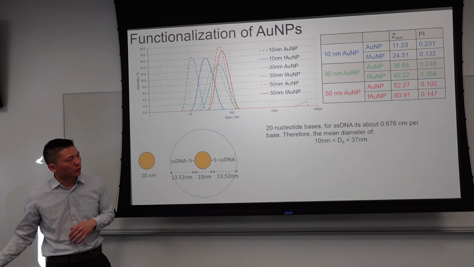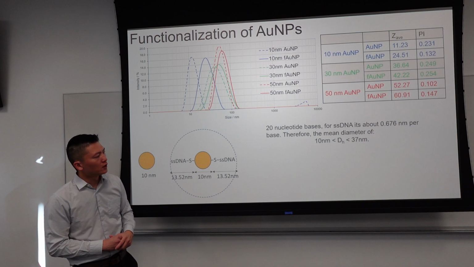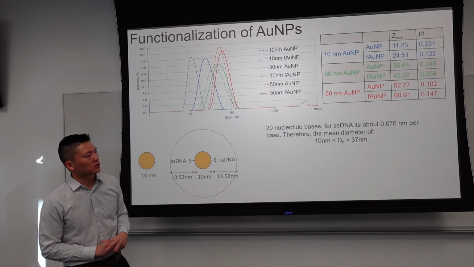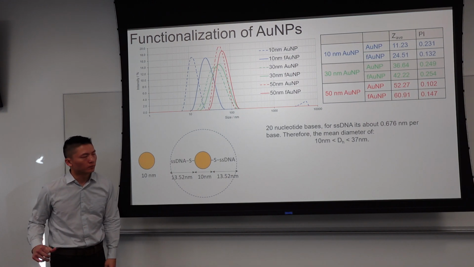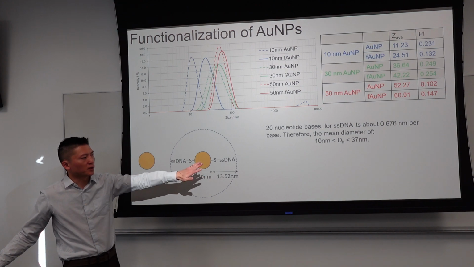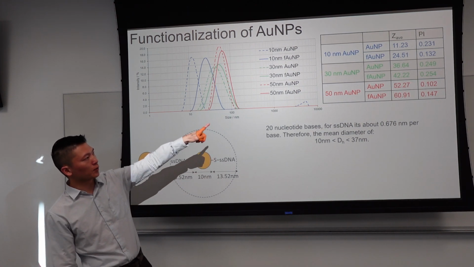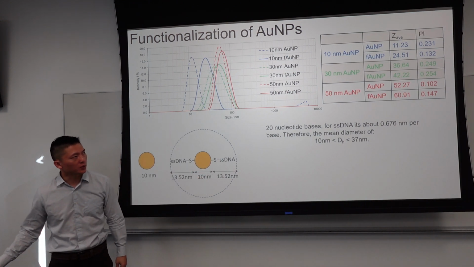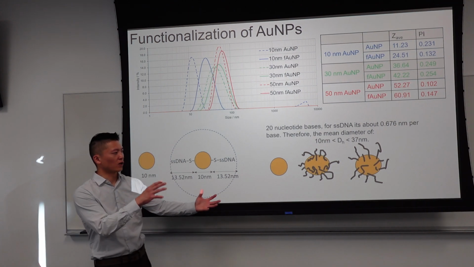And then we know what the sizes are of our single-stranded DNA, so we can figure out if it's consistent with our DLS hydrodynamic diameters. As you can see here, it should be in between about 10 and 37, and for the 10 nanometer gold nanoparticles, I got 24.51. So that's pretty good.